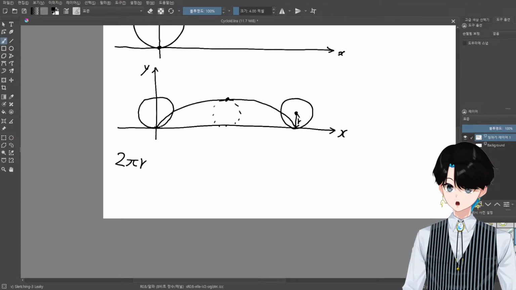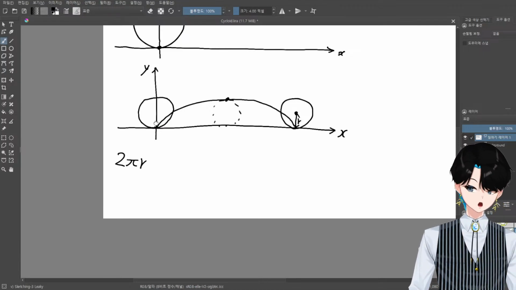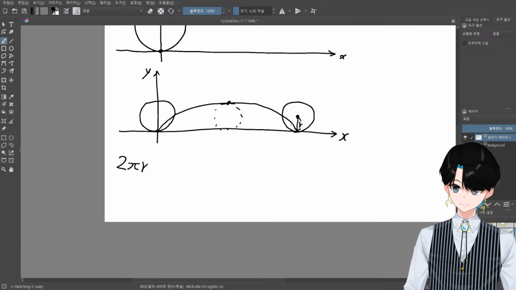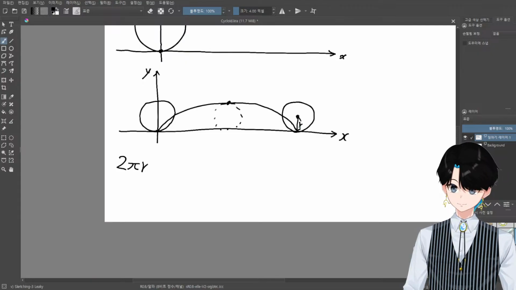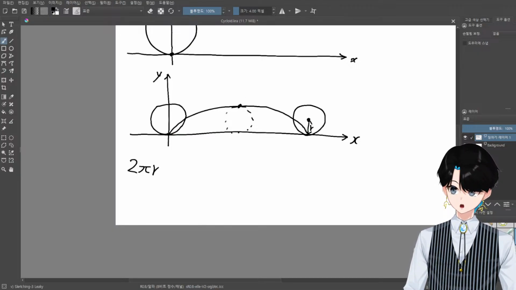Anyway, 2 pi r is the total length of the circle. So, wow, and boom.